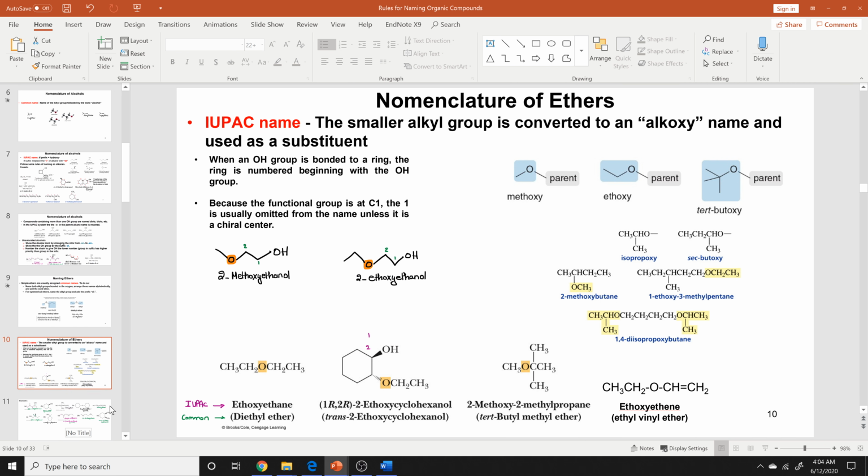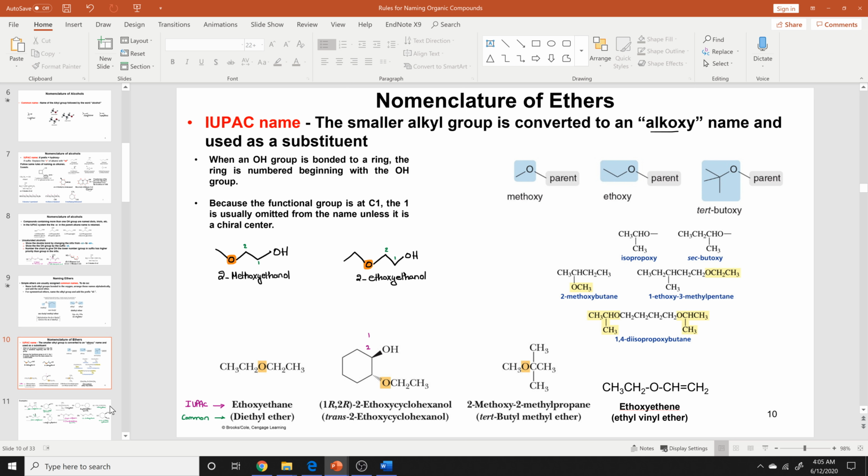When you name ethers by IUPAC, the easiest way is to use the alkoxy name. You choose the longest carbon chain and you name the OR as an alkoxy group.